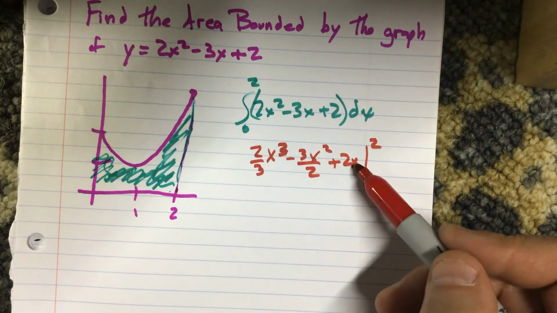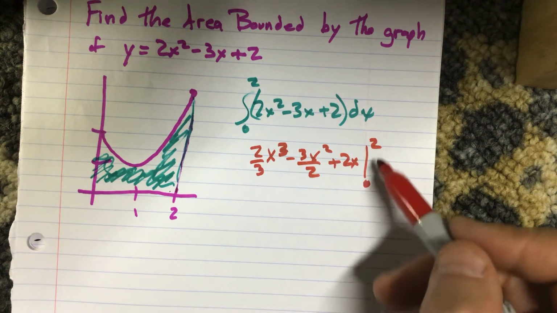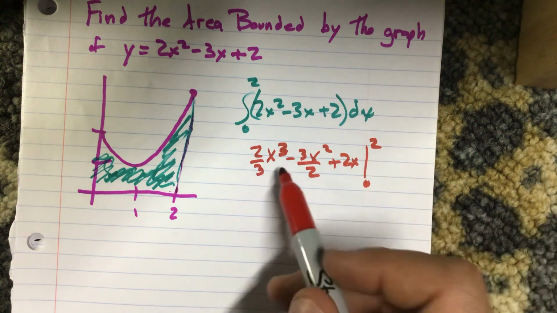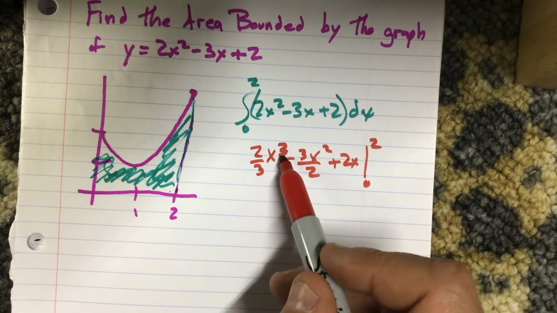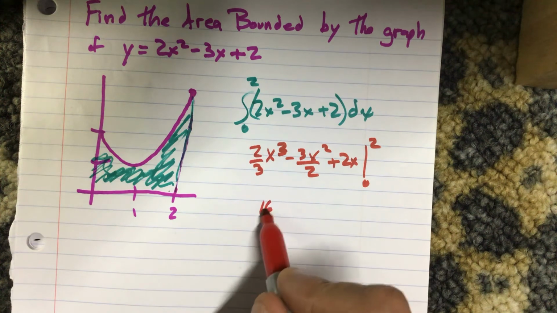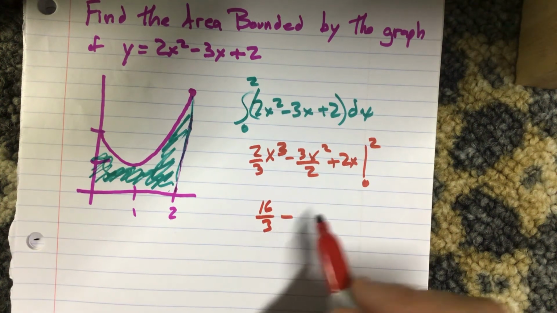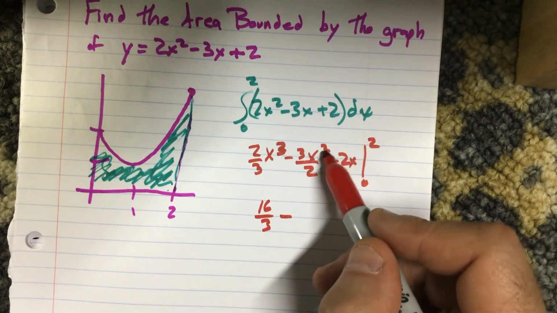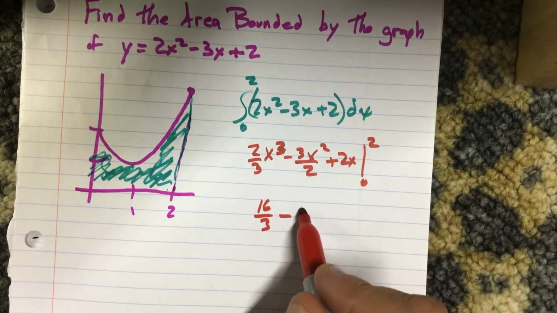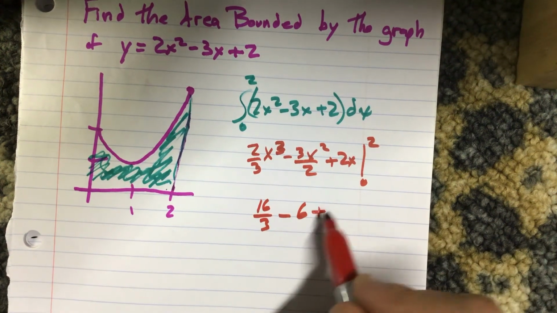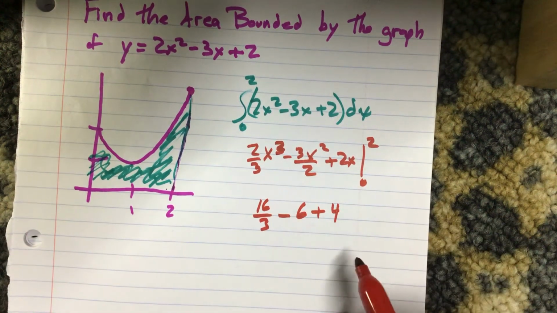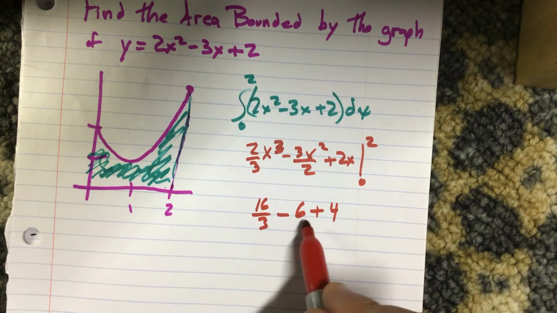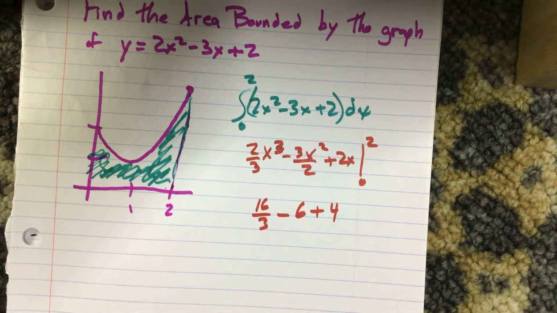Plugging in 0 is going to be easy because 0 is going to make all of this 0. So basically I'm just plugging in 2. 2 to the third power is 8, 8 times 2 is 16 thirds. Minus 2 squared is 4, times 3 is 12, divided by 2 is 6. Plus 2 times 2 is 4. I could just put these as thirds so that everything has the same denominator.